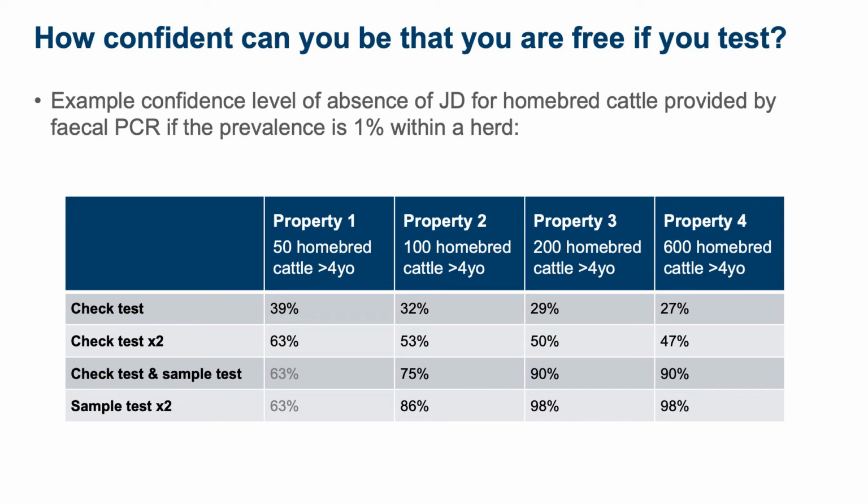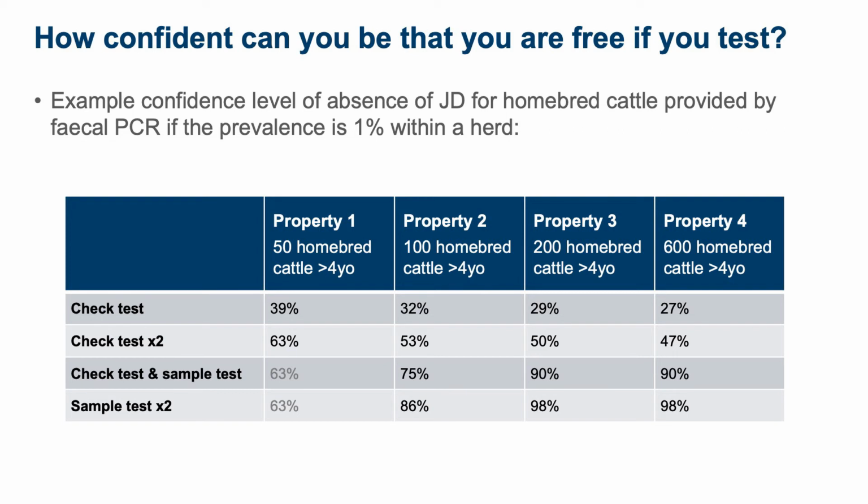If they only do a check test, a smaller test, then their confidence is 29%, which is very low. However, remember, the bigger the test, the higher the confidence. If this property does a sample test and a check test, they get to 90%, or 2 sample tests get to 98% confidence, which is very, very high.